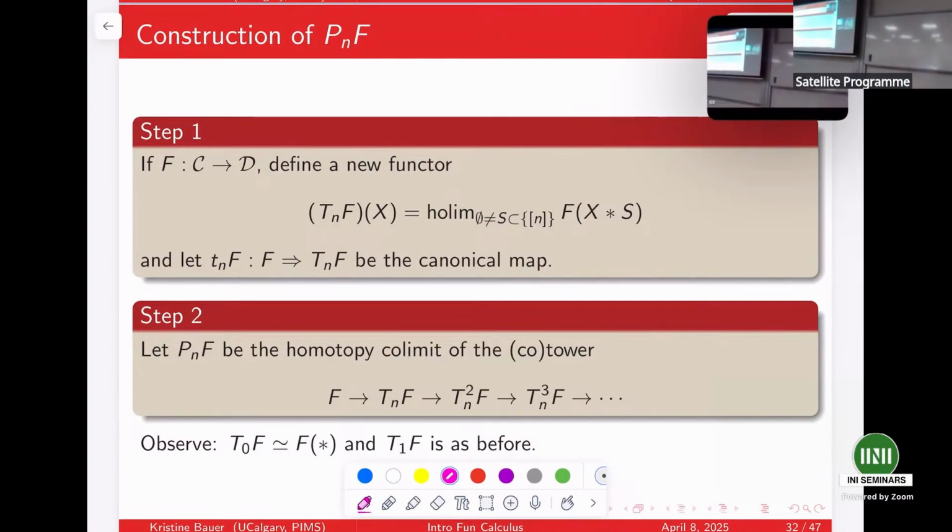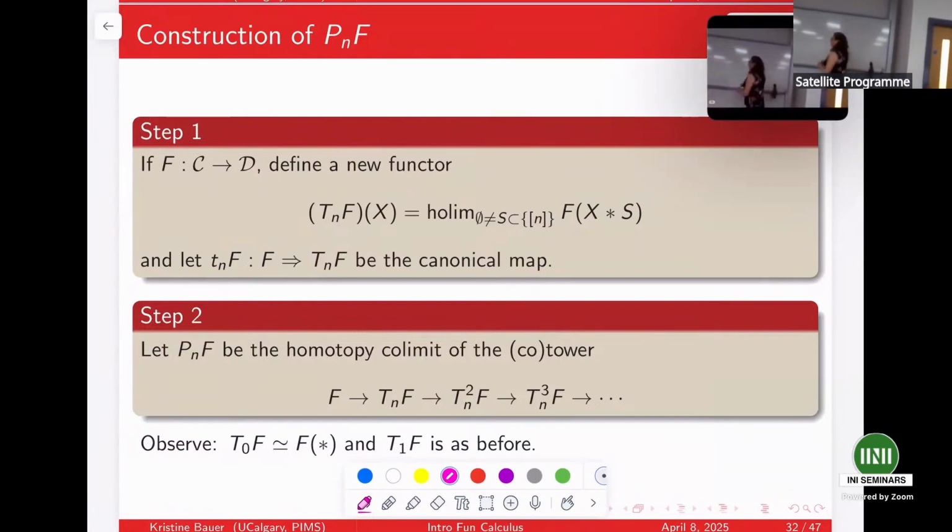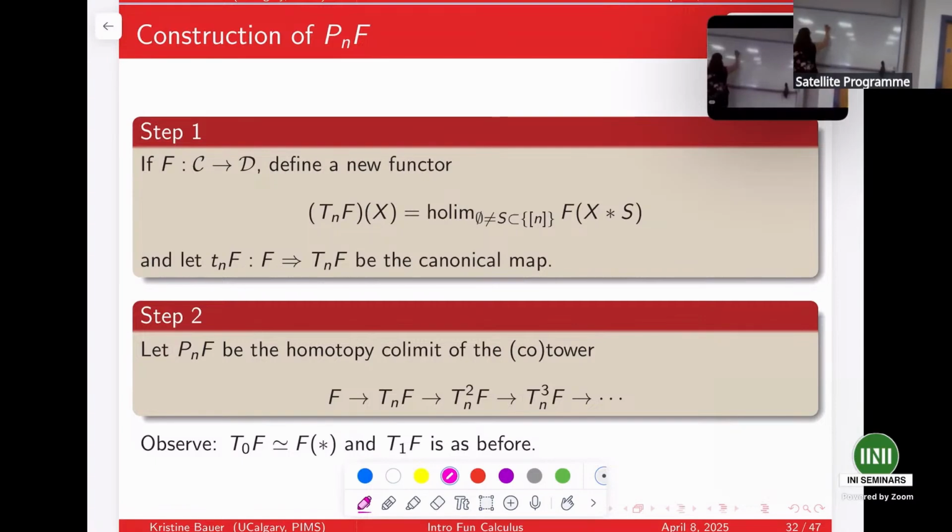Okay, so just as a sanity check, does this go with what we did yesterday? Well, the first thing is that T0F is going to be a point. So why is T0 a point? Well, T0 is a point because it's trying to look at the cube F of X star empty to F of X star 1 point.